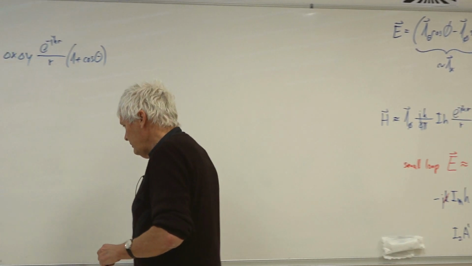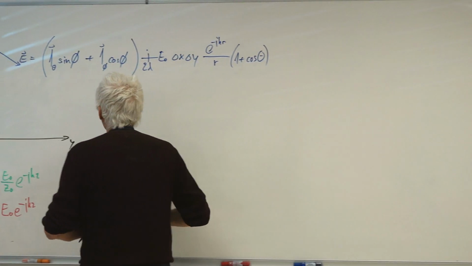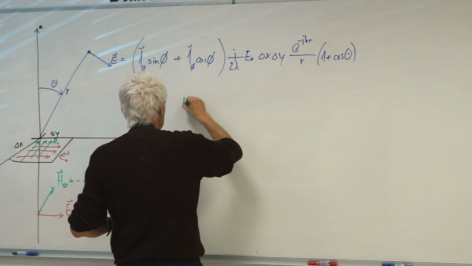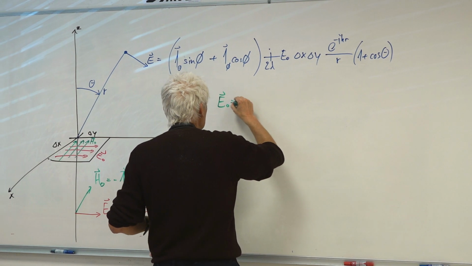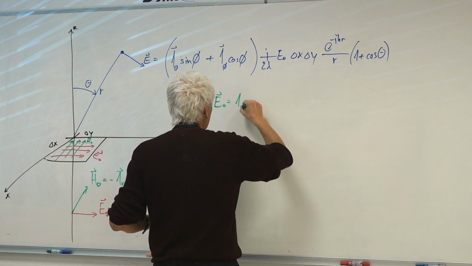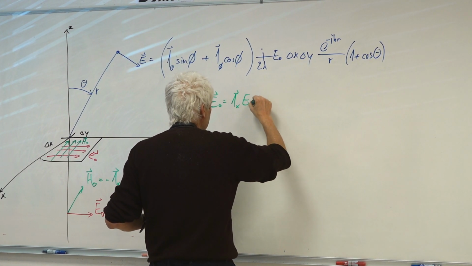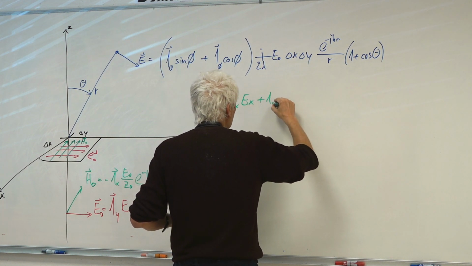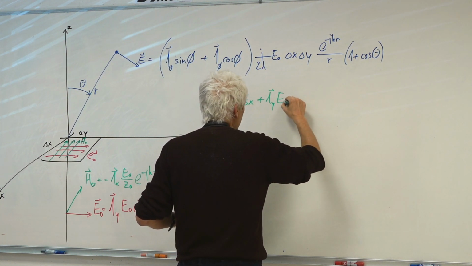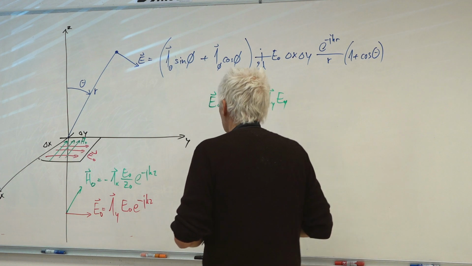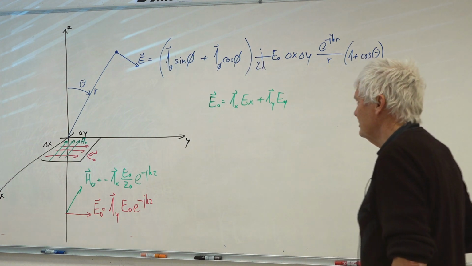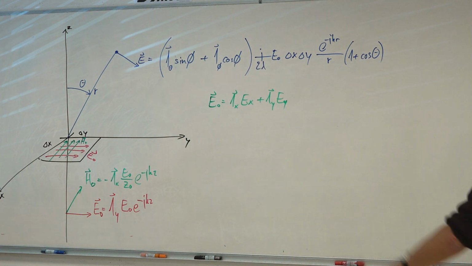So if we have a field like this, so if we have E0 now equal to 1x times Ex plus 1y times Ey, this could be arbitrary polarization. What is now the result?